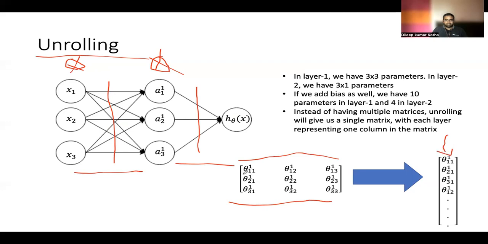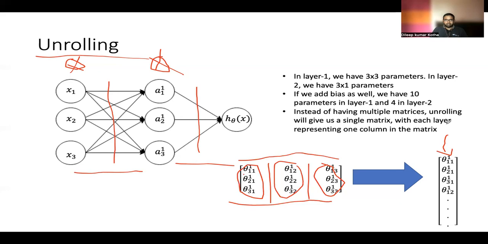So here, whatever you see in each column, you're just putting these first, then putting the second column, and then the third column. This way, each layer of a neural network can be represented by a single column.